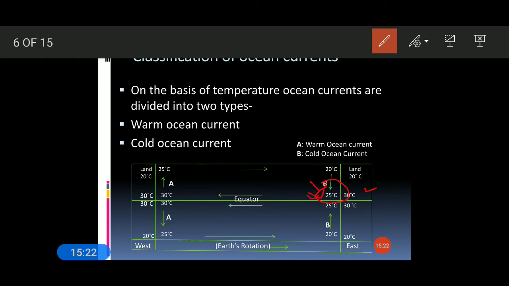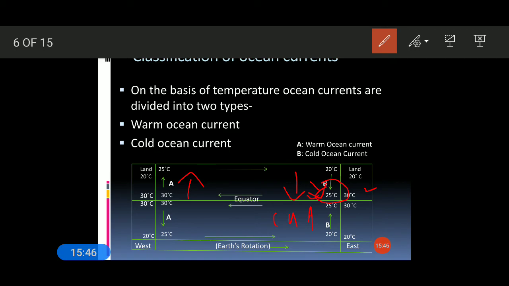So that means the water that moves towards the pole is a warm current. The water that moves from the pole towards the equator is a cold current. Okay, so this is how we have to identify the warm current and cold current.